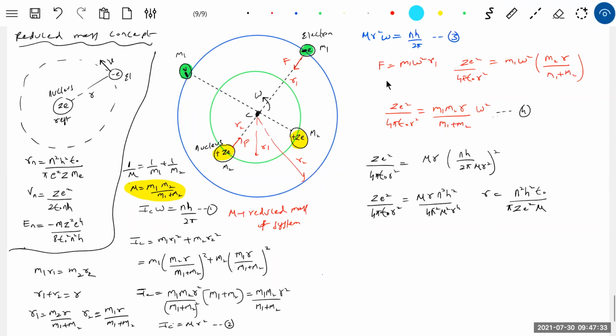But since we know it in terms of Rn, I wanted to express it in terms of A naught. I should bring the expression for A naught here. So therefore I'll slightly modify it. R equals n square h square epsilon naught by pi e square Z mu, so that I can bring that A naught, all the symbols.